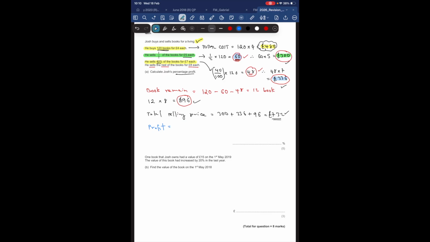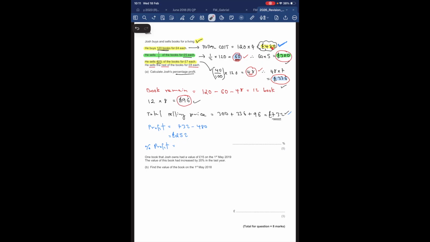The profit is just the difference between the selling price, which is £732, and the amount he paid for the books. So the profit is just going to be that difference, which gives us £252. Now, to convert that to a percentage profit, it's very simple. We always use the original cost price in the denominator. So we want to express this £252 as a fraction, or out of 480.